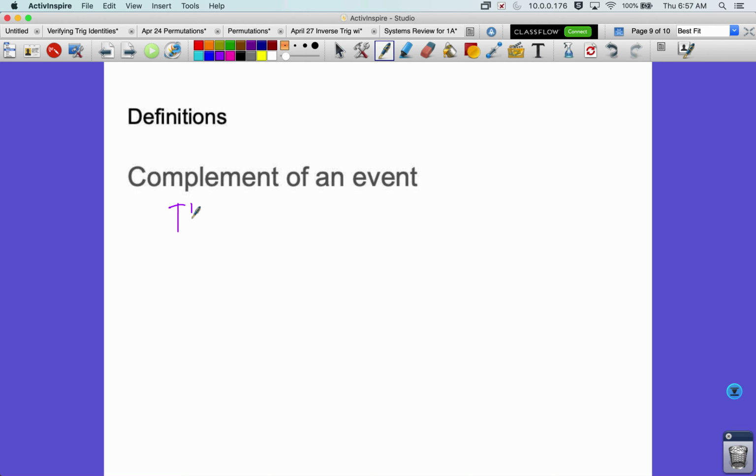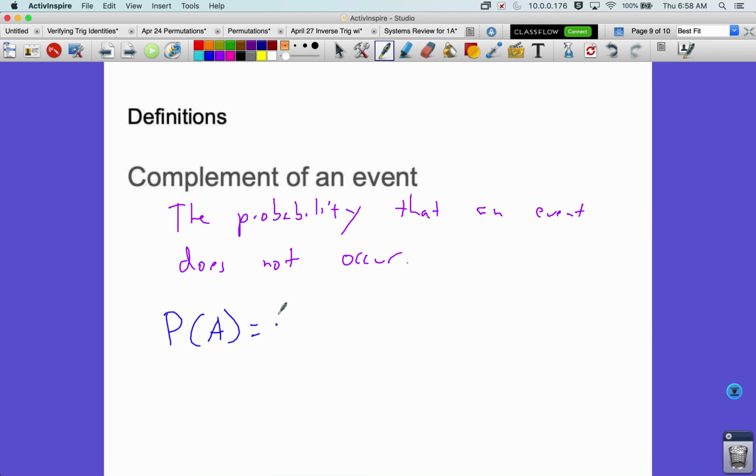All right, the complement of an event. This is the probability that an event does not occur. And it's got a special notation. So if the probability of some event A is 40%, the probability of A's complement, so A not happening, has to be 60%.